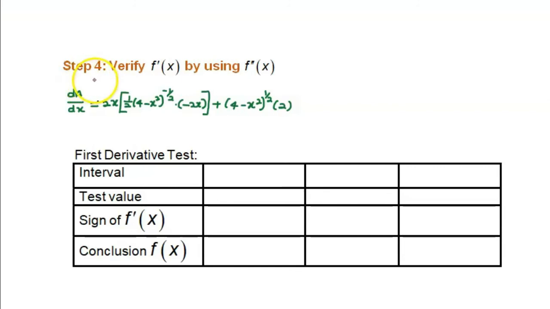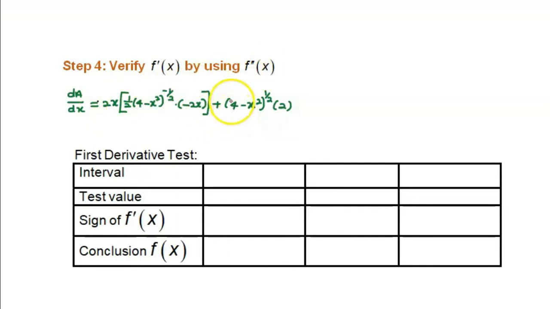Well, now we are in step 4 to verify the critical numbers using the second derivative test. For that, please refer back to our first derivative function, which is quite long here. In this case, it is quite tedious to find the second derivative of this function.